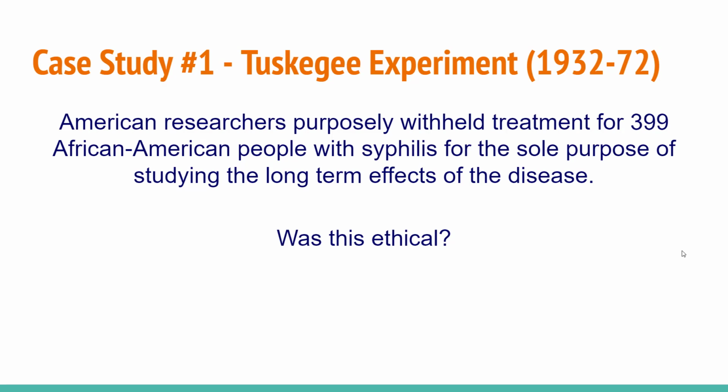The sole purpose of withholding treatment was to study the long-term effects of the disease. Their thought process was coming from a very scientific place, wanting to seek truth and long-term effects. But the way that they did that wasn't necessarily what some people would call ethical.